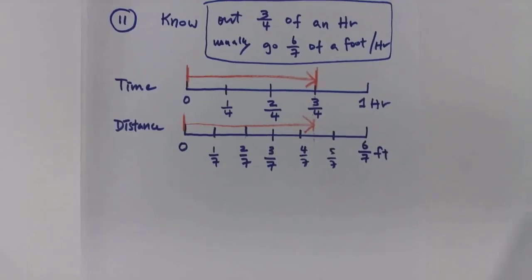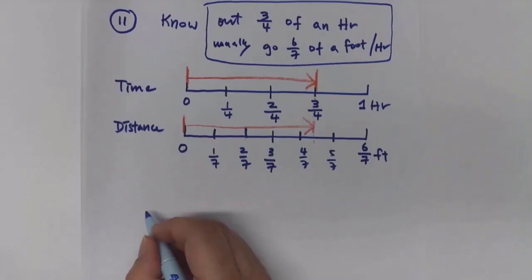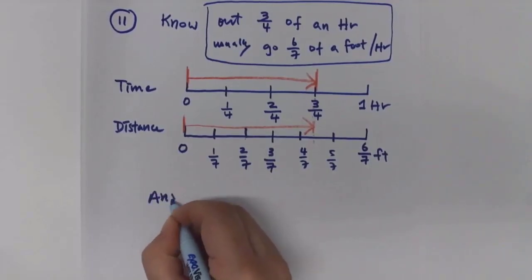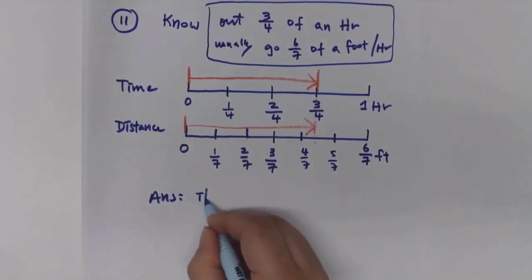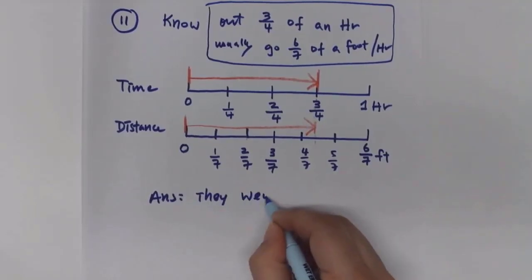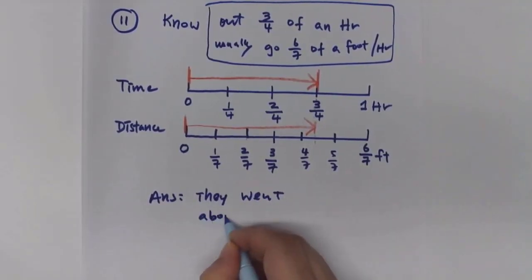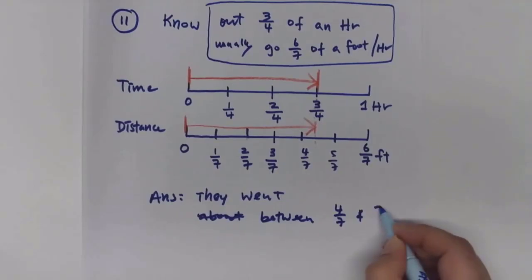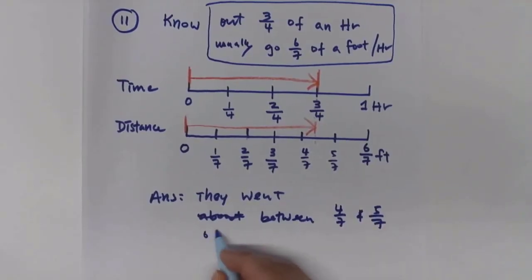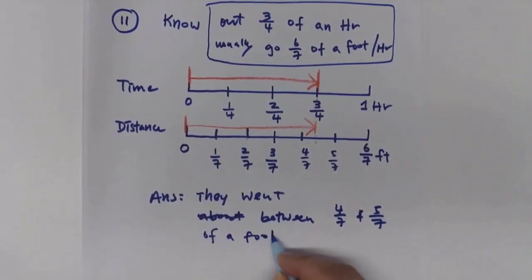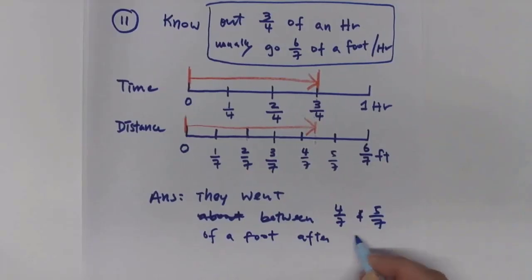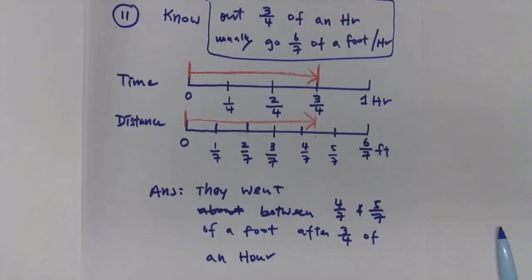So it's not a very good question, but it's not a perfect question. It's normal for real life. So I'm going to say they went about between 4/7 and 5/7 of a foot after 3/4 of an hour. Not a nice number, but it's okay.